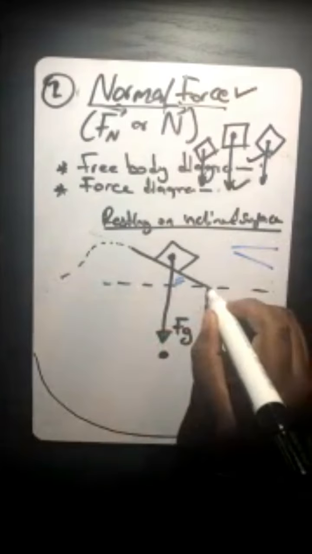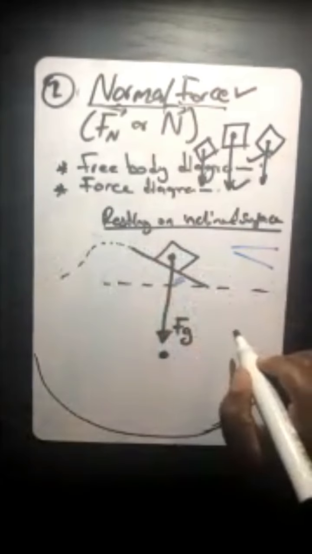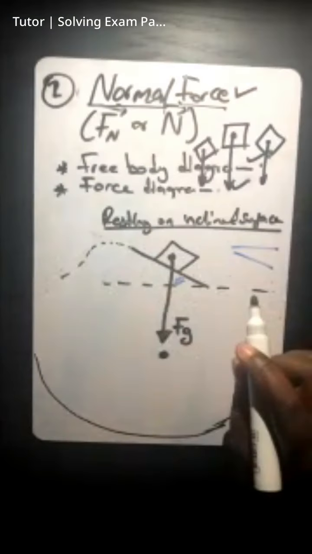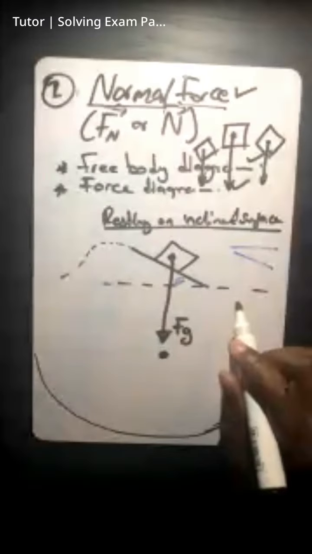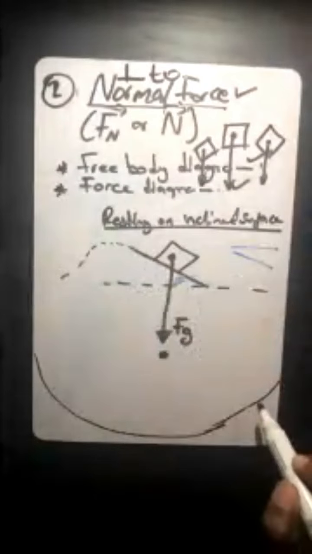The object is resting on that surface which is at an angle. And they said a normal force acts at a right angle. We said normal refers to perpendicular. Perpendicular to what? Perpendicular to the inclined surface.